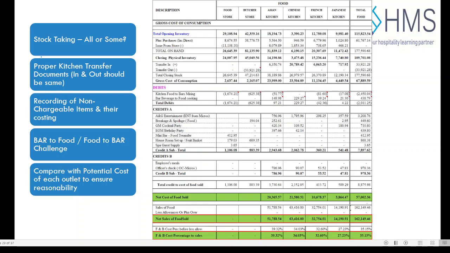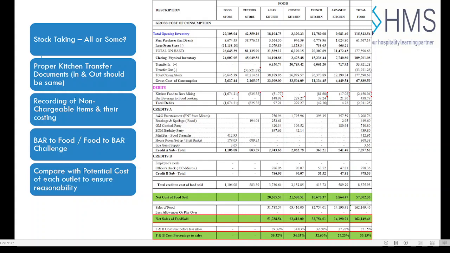And then after this, finally, you have to compare this against the potential cost of every item. As I was explaining earlier, you have the menu engineering report, based on which you can judge or estimate how much the cost of sales should be based on the menu items that you are selling. And if there are open items or any buffets, you have separate costs for them, and you can add them to the potential cost, and then compare against the actual cost.